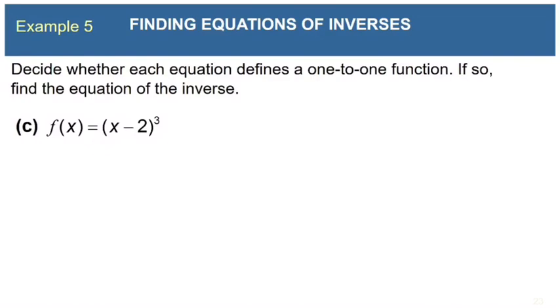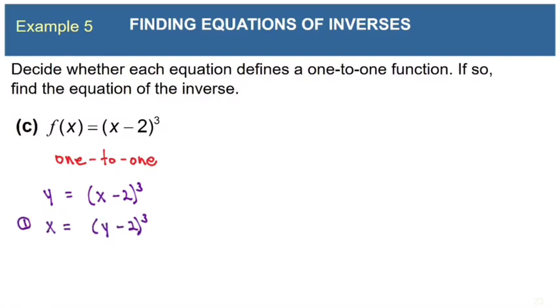Let's start finding its inverse by writing f of x as y equals (x minus 2) to the third. Now we will swap the x and the y, so we'll have x equals (y minus 2) to the third. And now we will solve for y. To solve for y, we'll need to eliminate this exponent of 3, so we'll take the cube root on both sides. And because this is an odd root, we do not need to insert the plus-minus symbol.